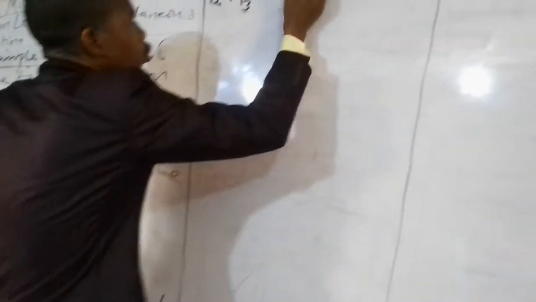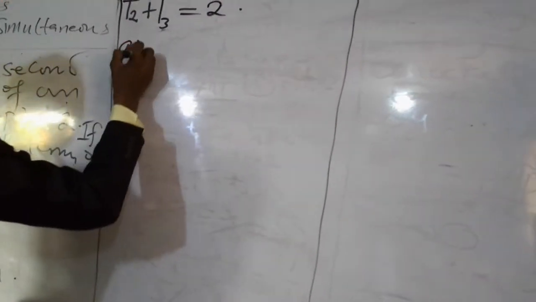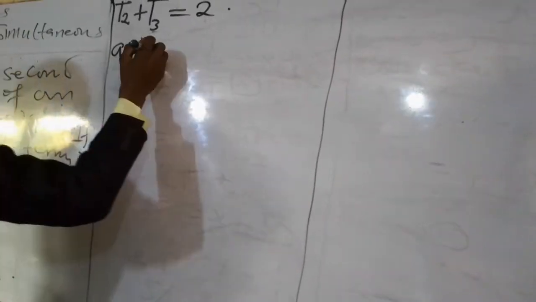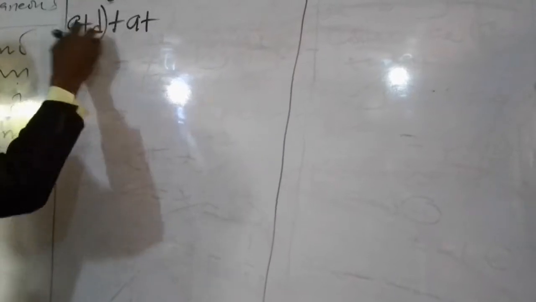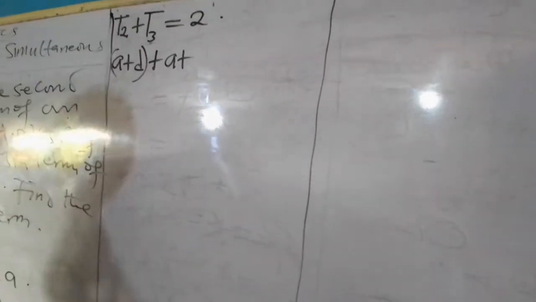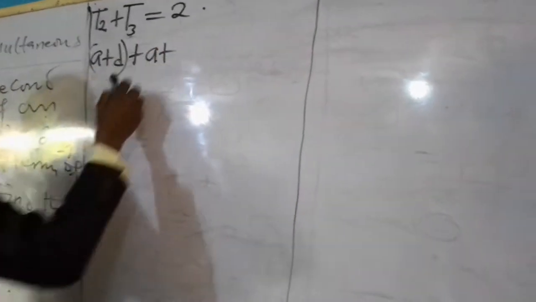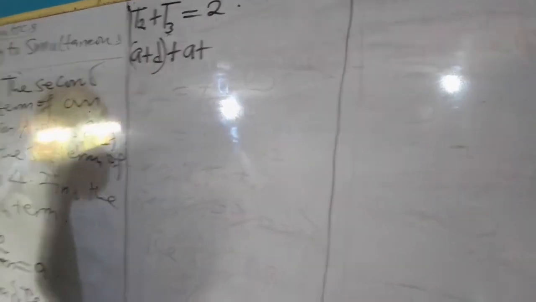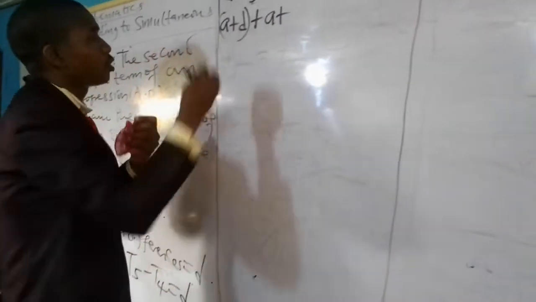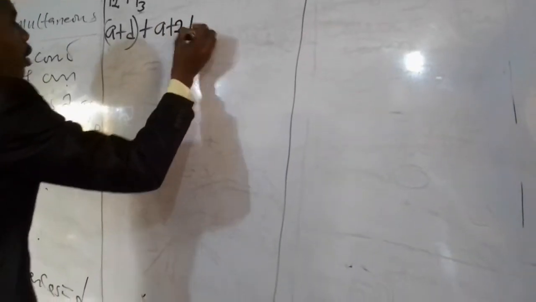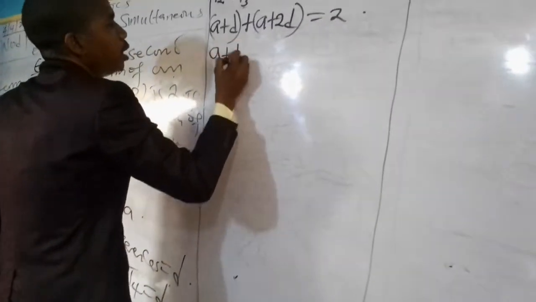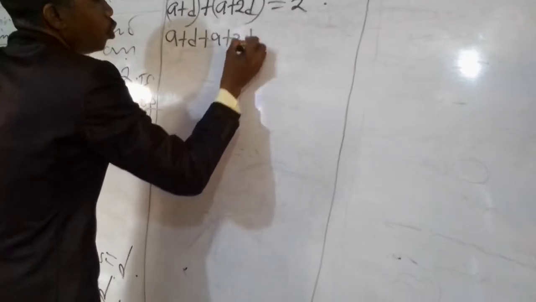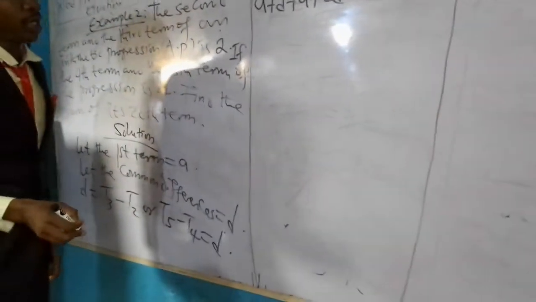Our second term is A plus D. Our third term is A plus 2D. So we have A plus D plus A plus 2D is equal to 2, from the first sentence.